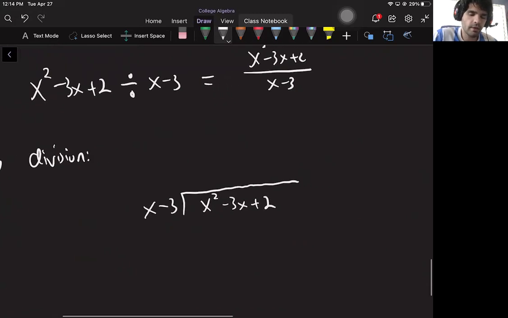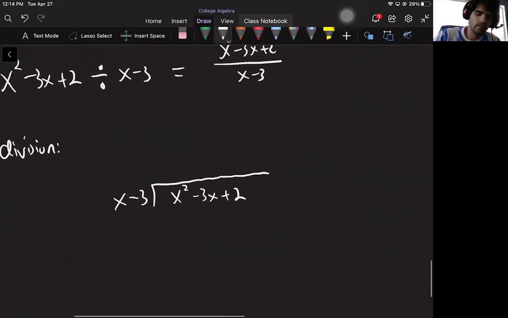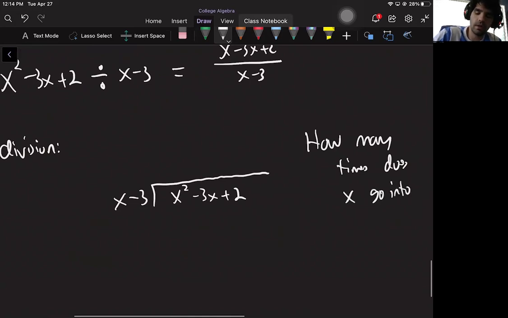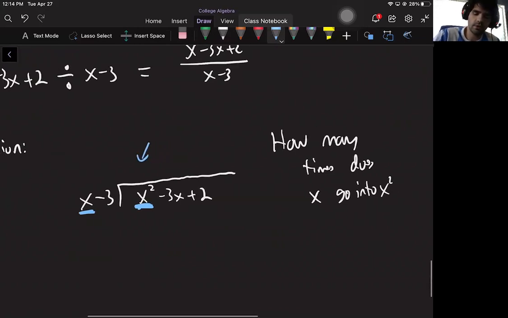And now we ask ourselves, how many times does x go into x squared? So we're looking at this x, and this x squared is the idea. And I want to stick something here that answers this question. So the idea is this x times what goes into x squared.